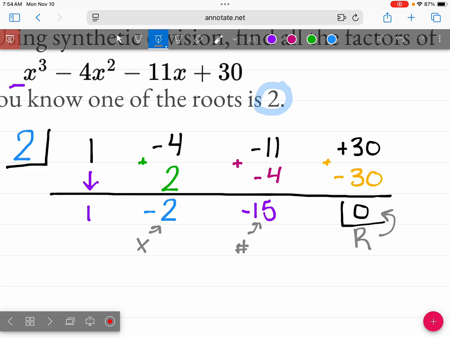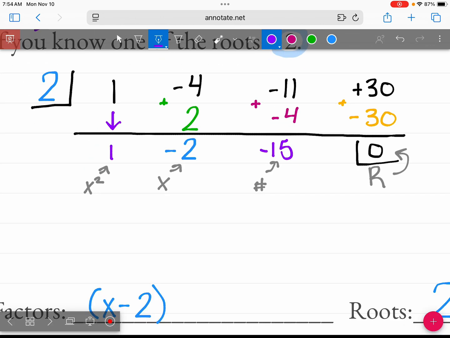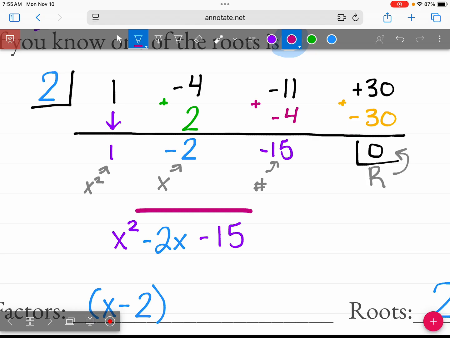This one gets an x, and this one gets an x squared. So when we finish our division, we get 1x squared minus 2x minus 15. That's what we get as the result of our division.